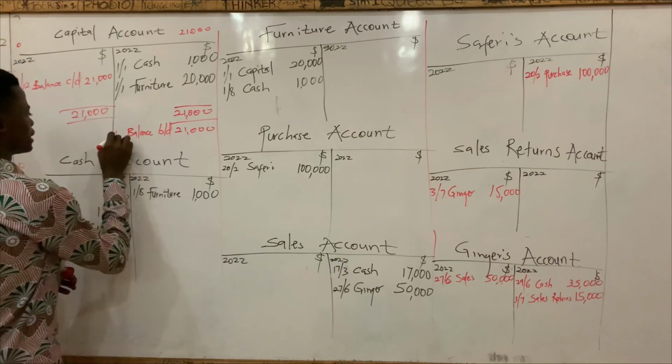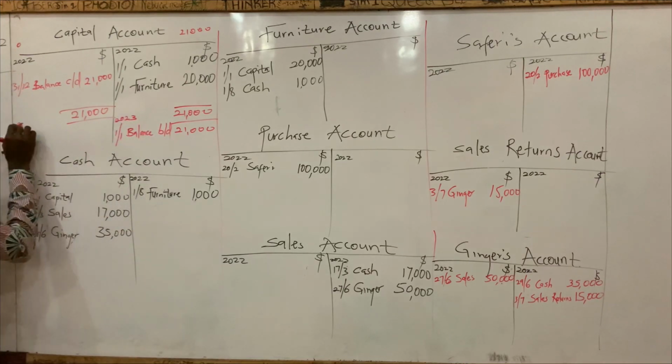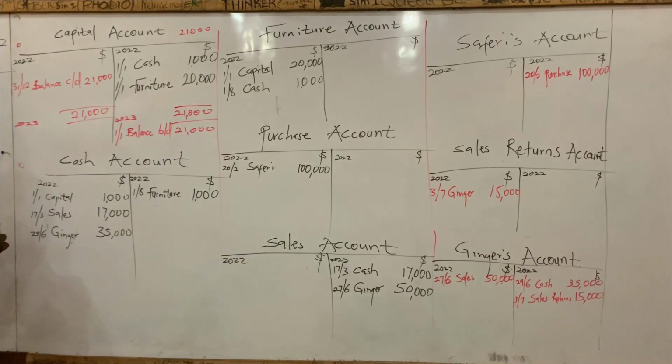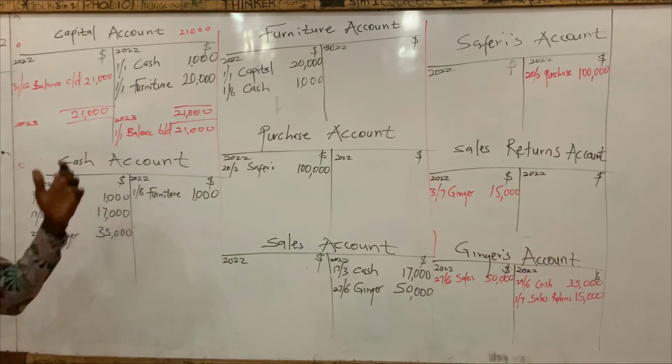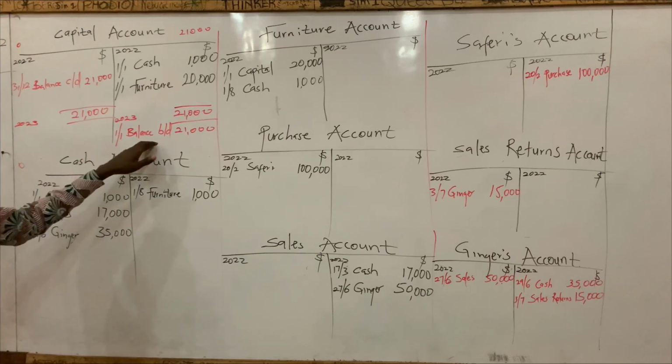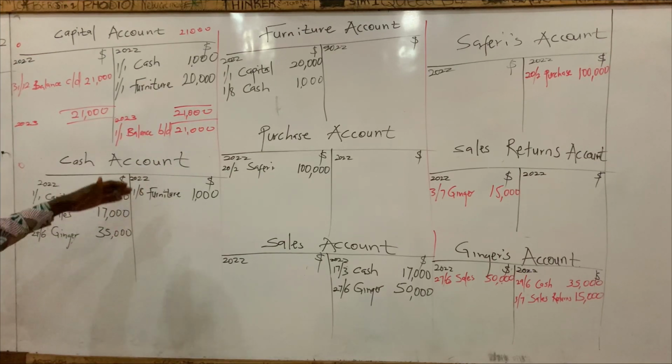And these two will be dated as 1st January 2023, because we said earlier that balance brought down represents the opening balance in the next accounting period. So this will be the opening balance of our capital account in the next accounting period, which is 2023.